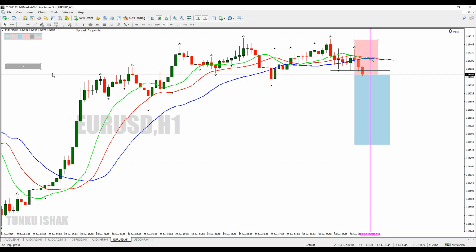So what happens when the price goes down about 30 pips? I will move my stop loss back to here, to positive 2, positive 3.